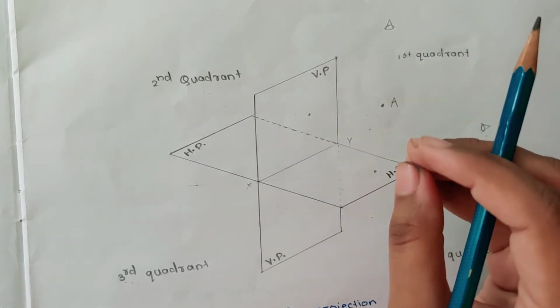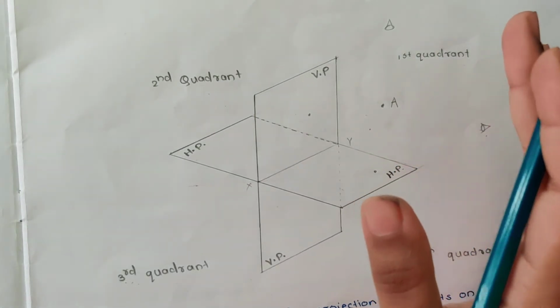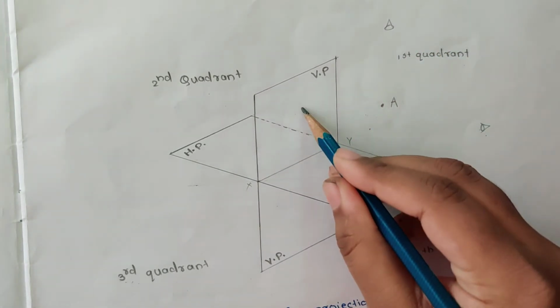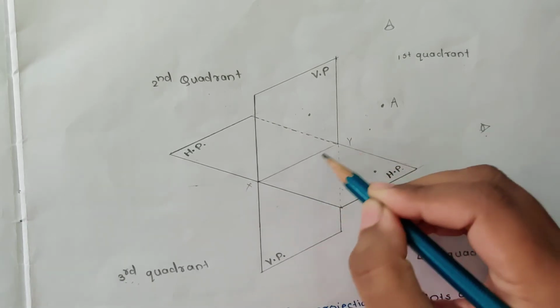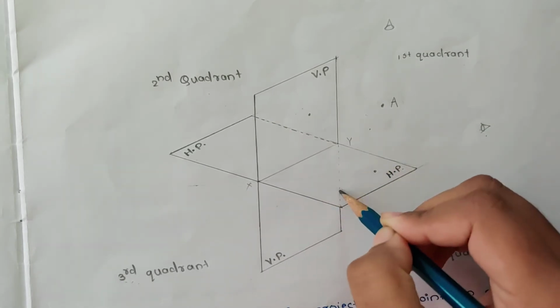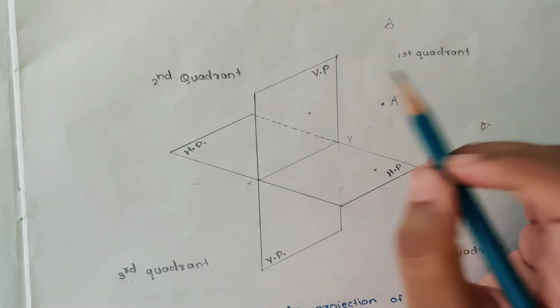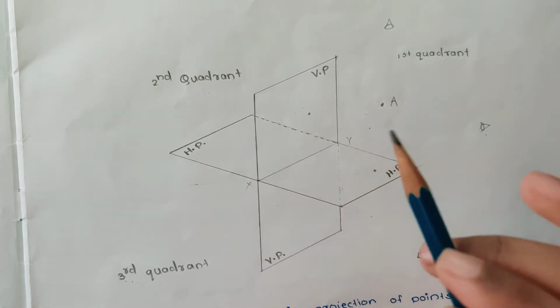If you are standing in front of a wall, that wall is your vertical plane, and you are standing on the ground, which is the horizontal plane. So it is easy to understand. This is VP and this is HP.